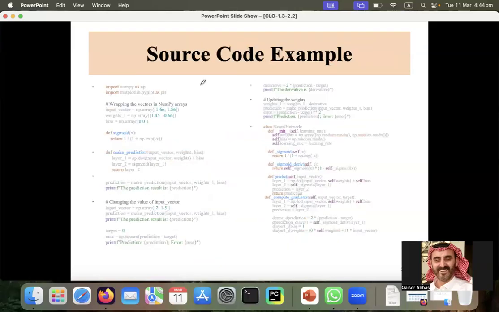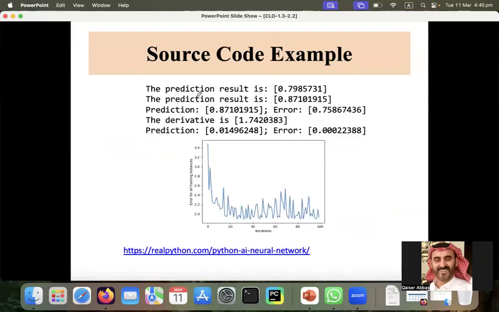By the way, the source code is there. I am now explaining this output first to you, what this output is, and then you will understand what this program is. This output is saying the prediction result is this, and it is giving you some value.